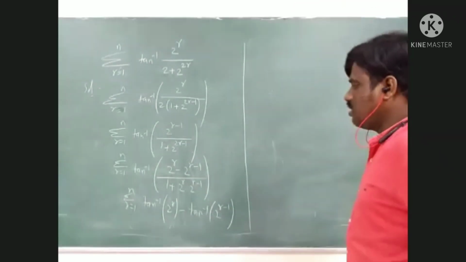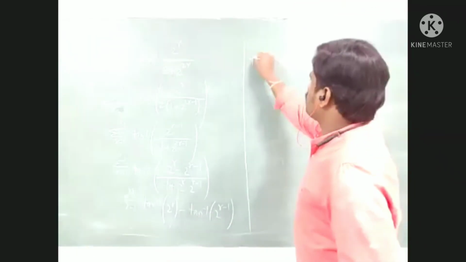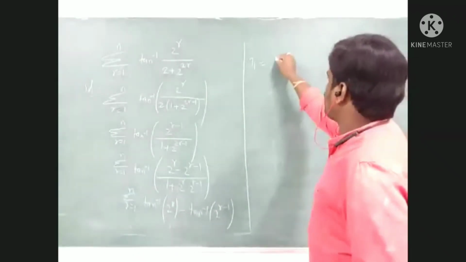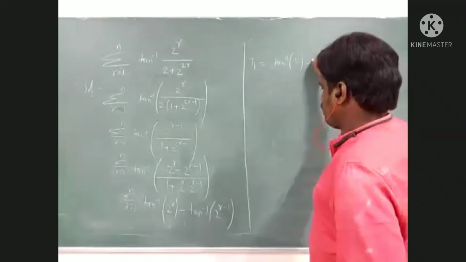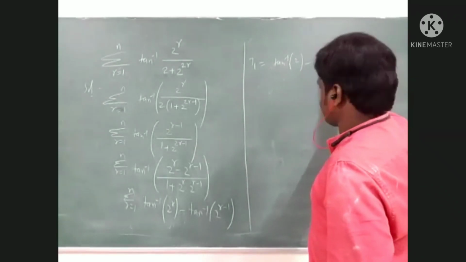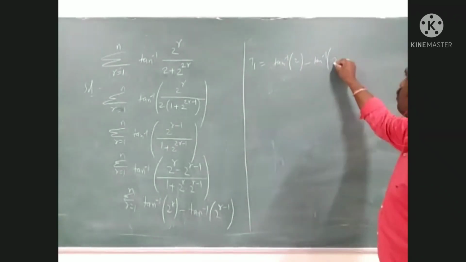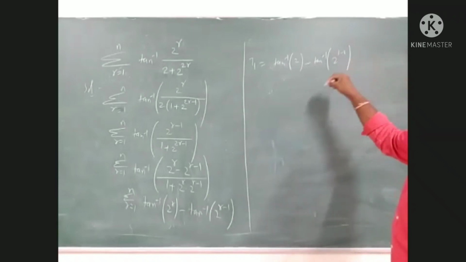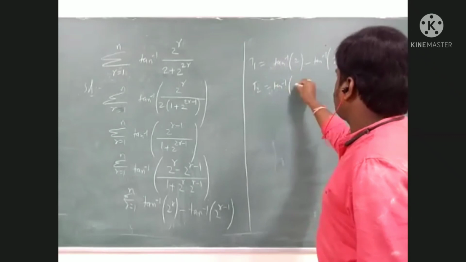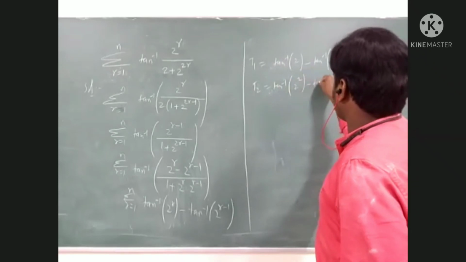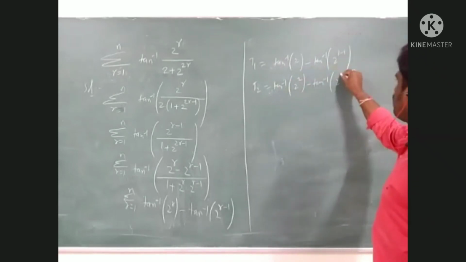T1, if I substitute, I get tan inverse 2 power 1 minus tan inverse 2 power 1 minus 1, that is 2 power 0. T2, if I substitute, I get tan inverse 2 power 2 minus tan inverse 2 power 2 minus 1, 2 power 1.